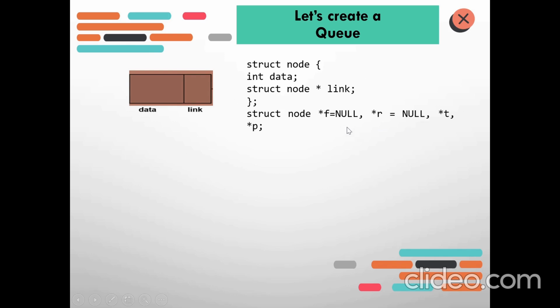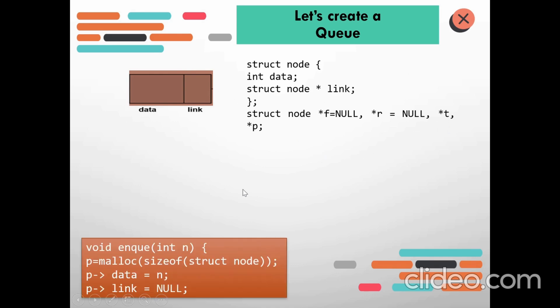This is to say that there is currently no node which has been allocated, or we can say the queue is empty, right?